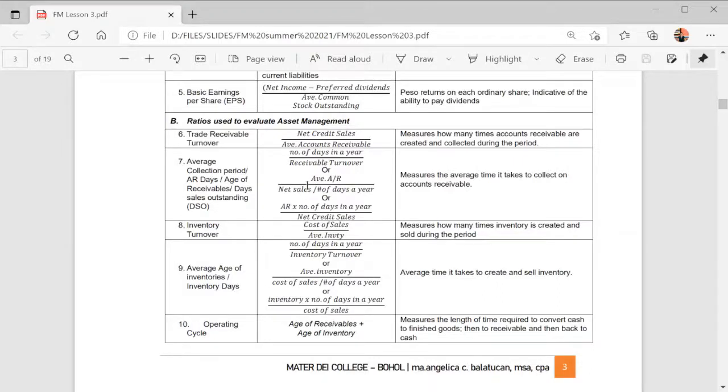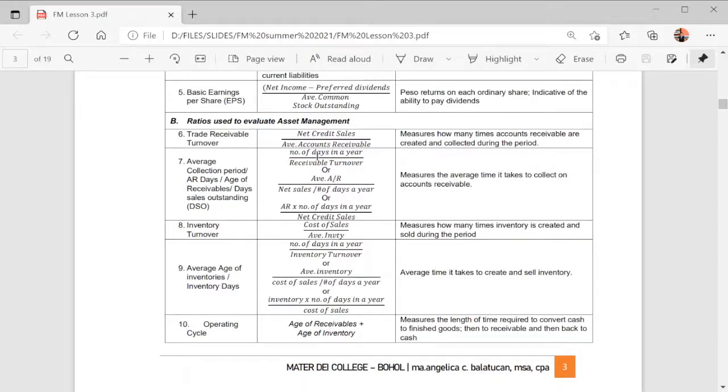If you can observe in the formula, the turnover should be the denominator here. But the components of turnover are credit sales and AR, so it is the same formula, just a different arrangement.